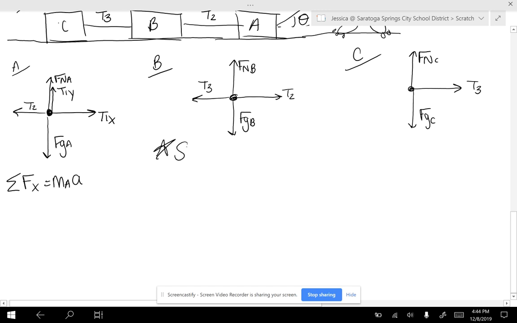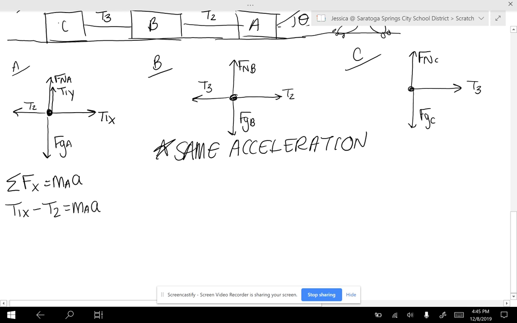Okay. So again, just looking at the x direction, all of these objects are connected. So they do have the same acceleration because they're all connected. So acting on MA, we have a T1x minus a T2 would give me mass of A times the acceleration. T1x is really T1 cosine theta.